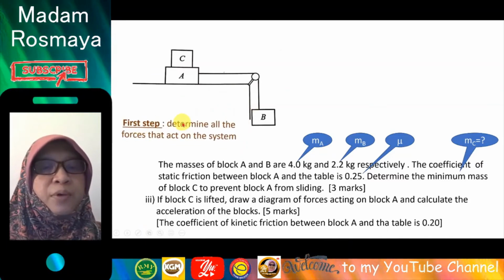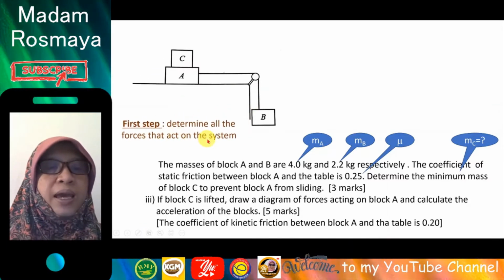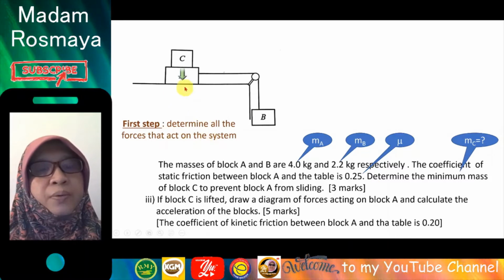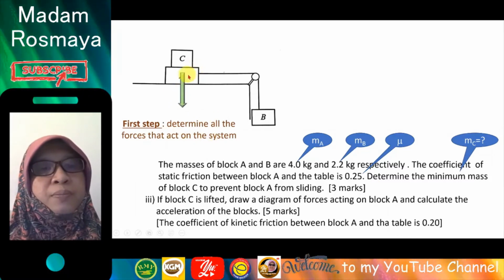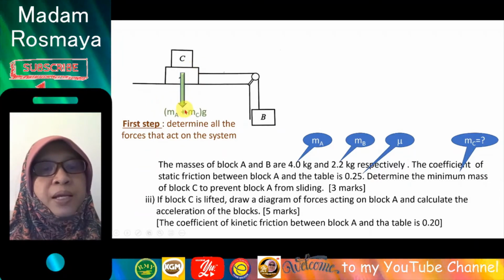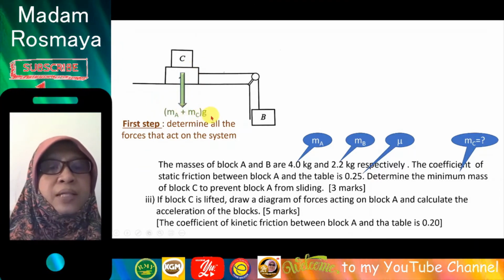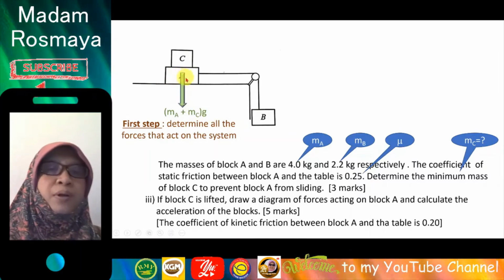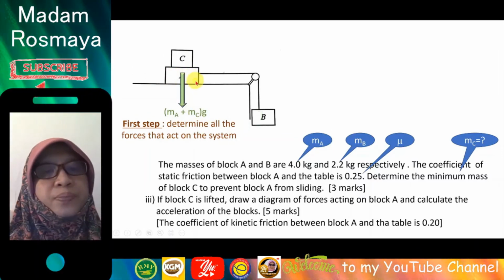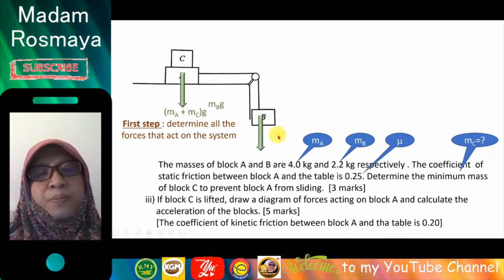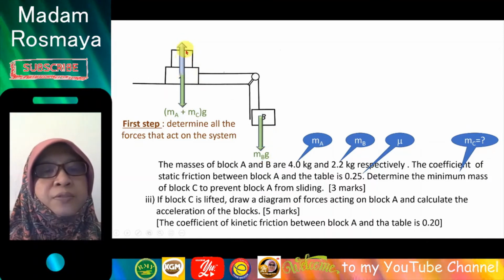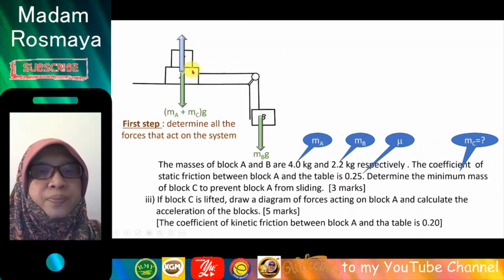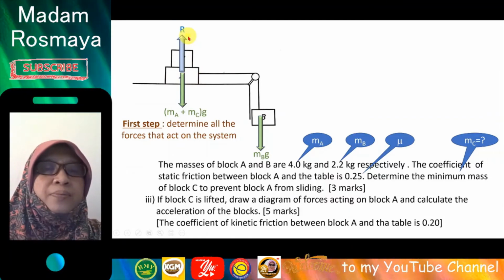First step, we determine all the forces that act on the system. We have the weight of block A and C together, (MA plus MC) times g. Then the weight of block B, MBg, and the reaction force by the table, R.